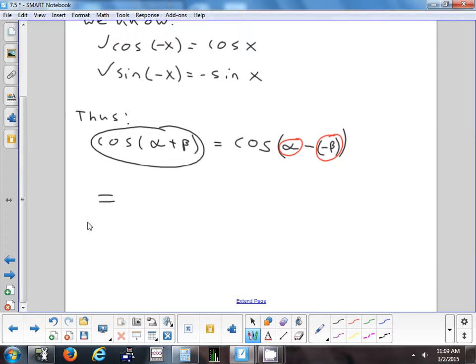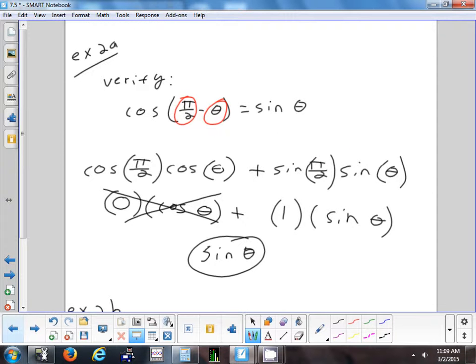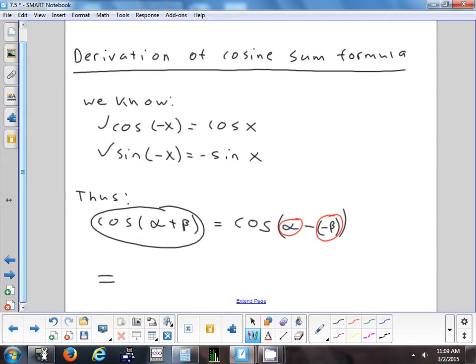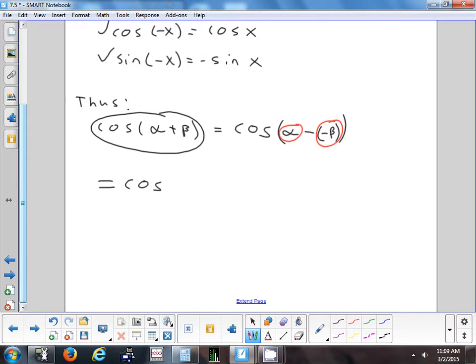I think both of these situations are going to come up. Right, so we're going to get, remember, cosine of each angle plus sine of each angle. So, cosine alpha, cosine negative beta, plus, and then sine of each angle. Sine alpha, sine negative beta.